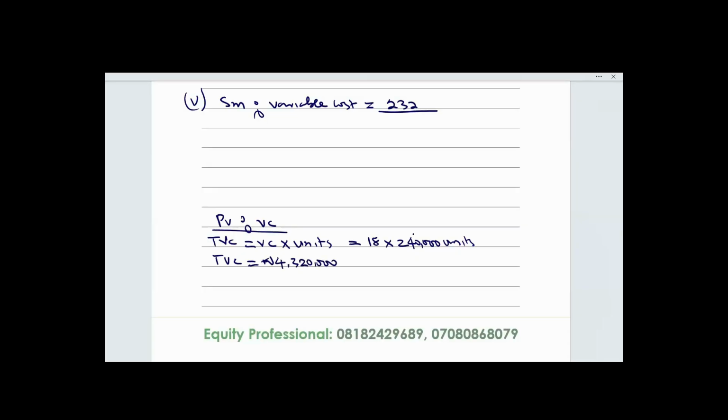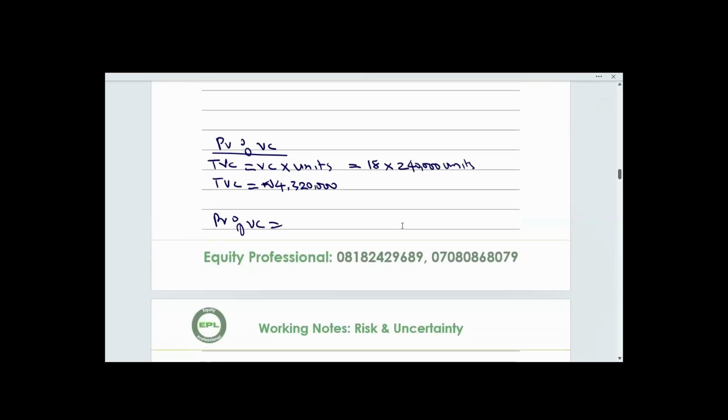4,320,000 naira. To now get the PV of variable cost, you multiply this by the annuity factor. So 4,320,000 multiplied by 4.659 gives 20 million, 126,880 naira.